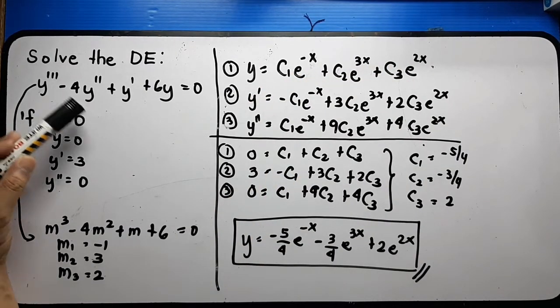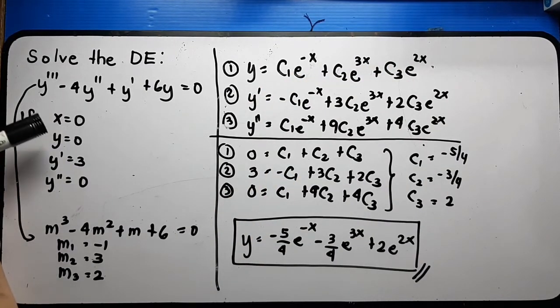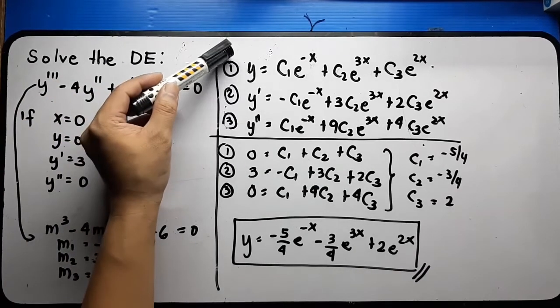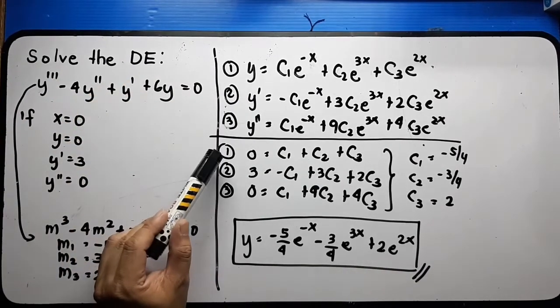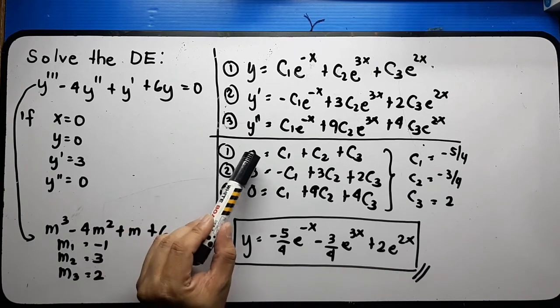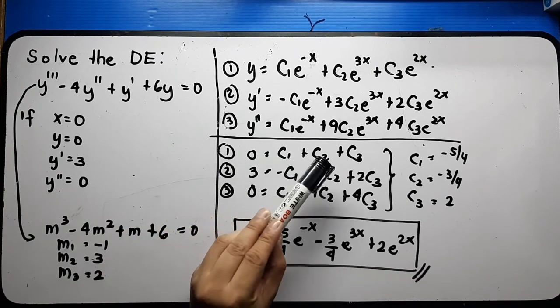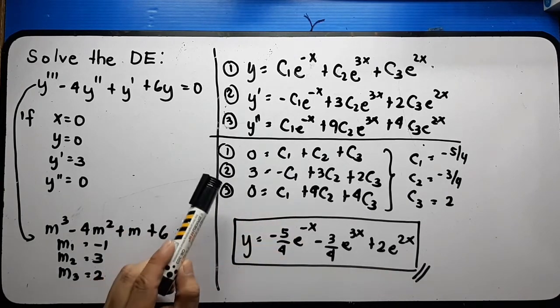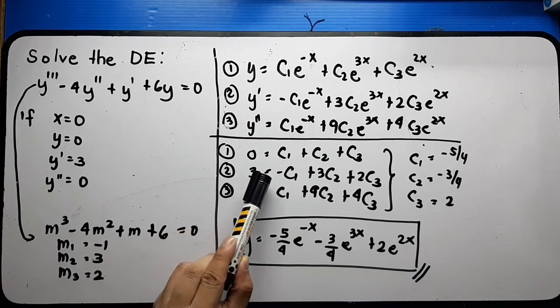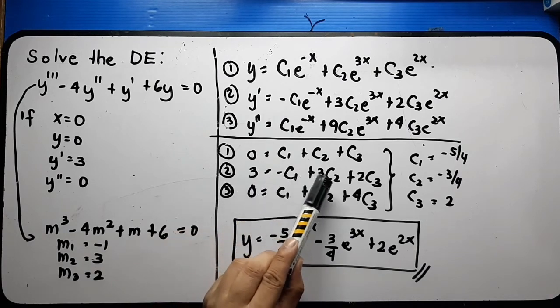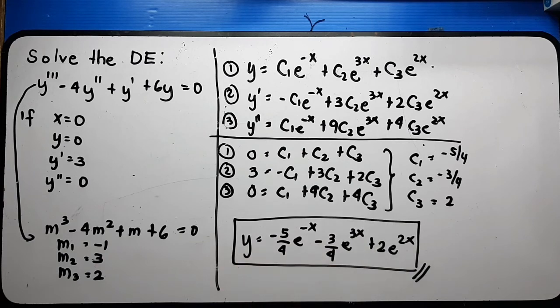With the following conditions, let us substitute these conditions to these equations. So we have now equation 1, 0 equals c1 plus c2 plus c3. Equation 2, 3 equals negative c1 plus 3c2 plus 2c3. Equation 3 is now 0 equals c1 plus 9c2 plus 4c3.